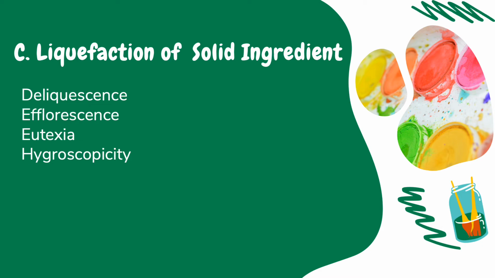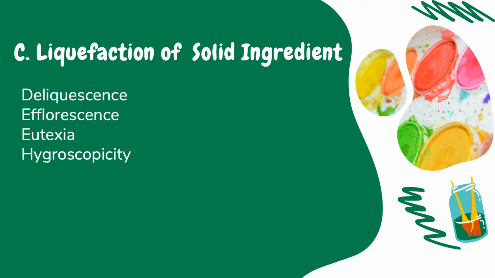While hygroscopicity is the property of the chemical to absorb moisture but not dissolve. An example of this is silica gel. So for liquefaction of solid ingredient, if it happens, we can manage it by storing our chemicals in very tight containers.